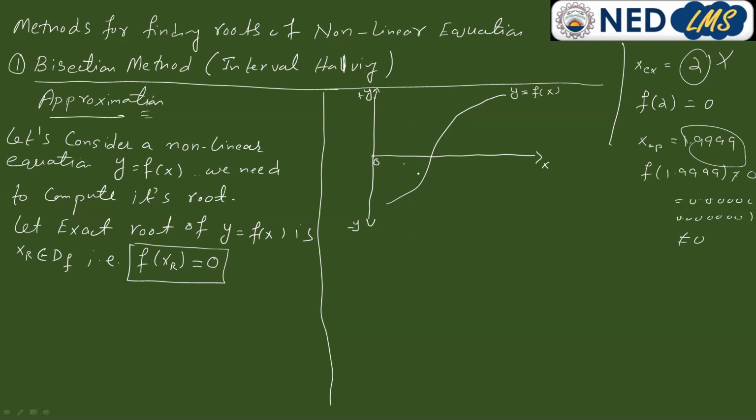As we assume that there is an exact root xr, graphically it must be lying somewhere there, xr. You all agree with it, because this xr has a characteristic: if I put it in the equation, I will get exactly 0, but I don't know that value. Keep in mind, we have to trace that xr.